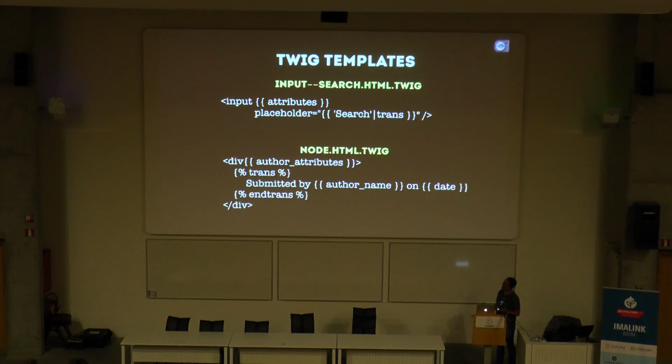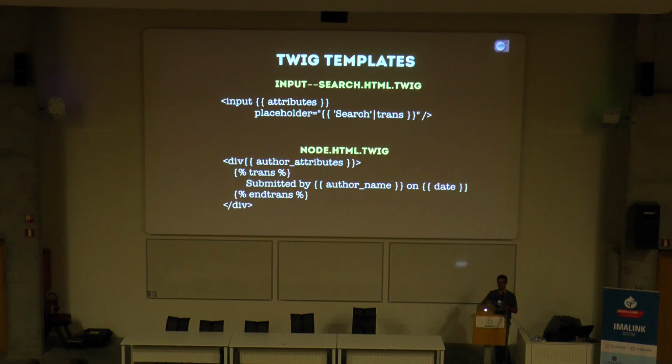And now that we have Twig in core as the default templating system, in Drupal 7 you had PHP templates, so you just call T and that's all. In Twig, we need a way of actually translating strings that we may want to have in our template. And we have two different methods for that. The first one is the trans filter. So if you have this input and you have a placeholder and you want to have the string there and translate it, you just put the trans filter on your string.